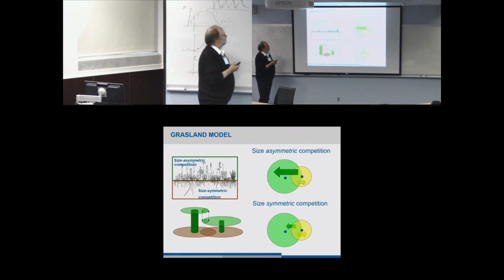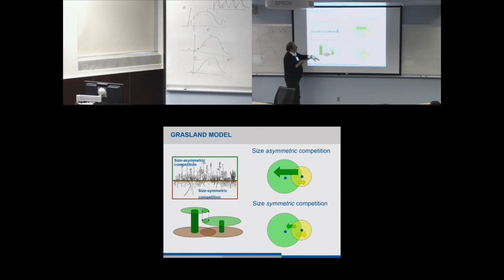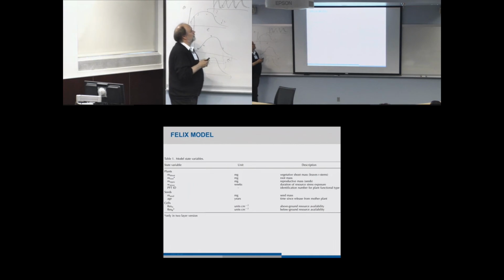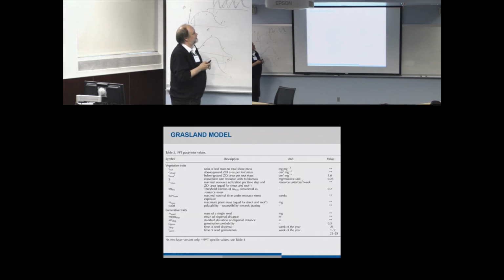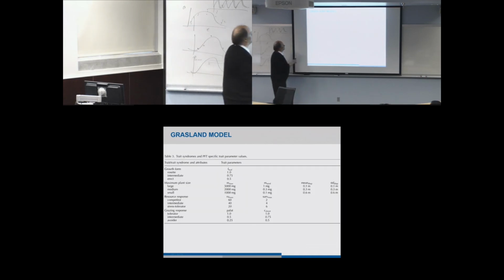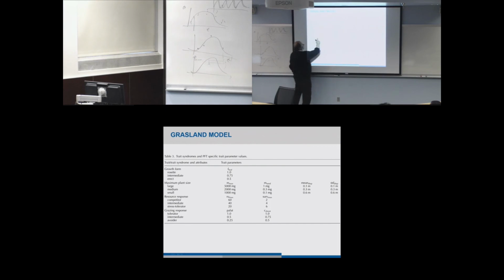So this is the same here in figures: above, below, zone of influence, overlapping, size symmetric and size asymmetric competition. This is the number of state variables, the number of traits, and this number of traits then are used to define different plant functional types. For example, you have large plants which have large seeds, but they have small dispersal distances.